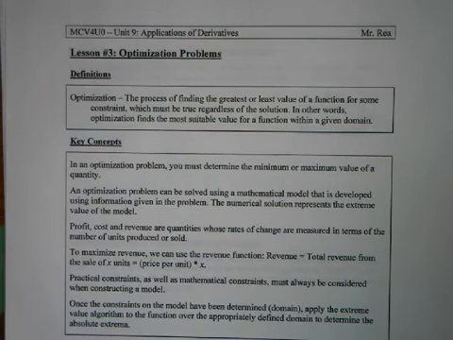One other thing before we begin: we did skip a fair amount of content in the course to just prioritize. So we basically skipped all the derivatives of logarithmic, exponential and trigonometric functions.